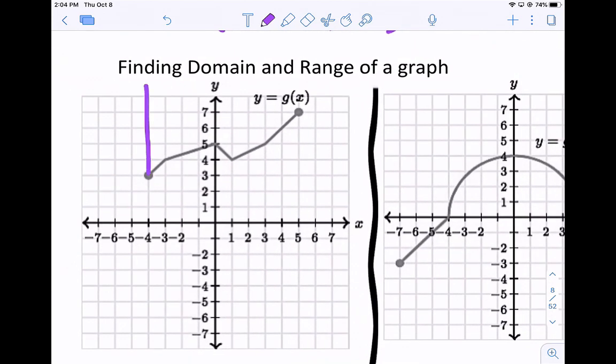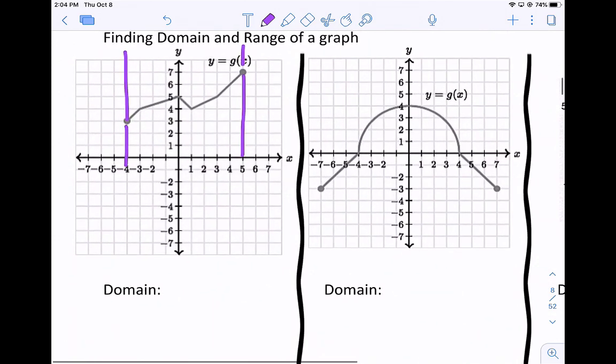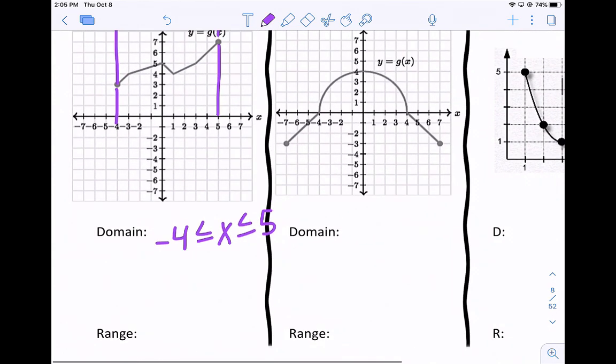And I'm going to go how far left and how far right. And we say here that x, the domain, is between -4, and it can include -4, so there's the equal sign under the inequality, and then the highest number it went to was 5. So this inequality says that our x values go from -4 to 5.